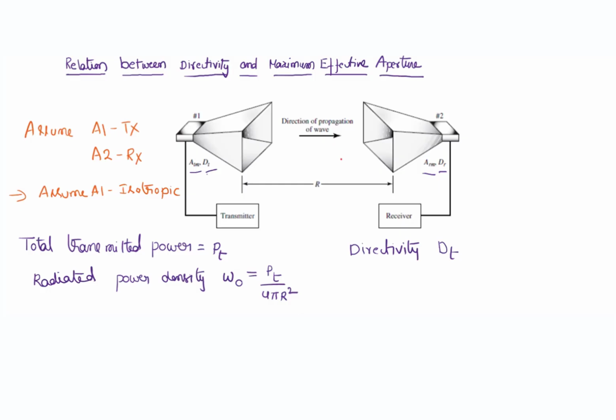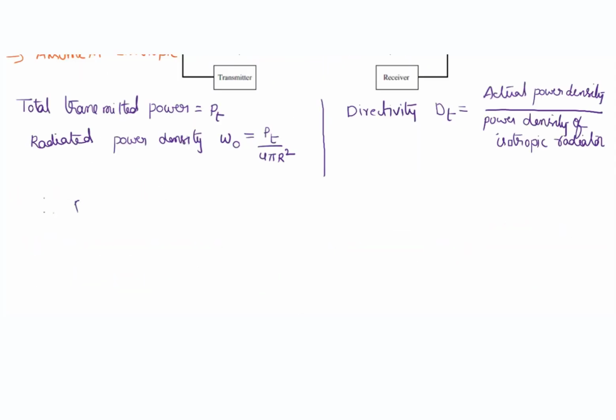Now the general formula of directivity DT is actual power density divided by power density of isotropic radiator. Therefore, what is the actual power density? Actual power density is represented with Wt and the power density of isotropic radiator is represented by W naught.